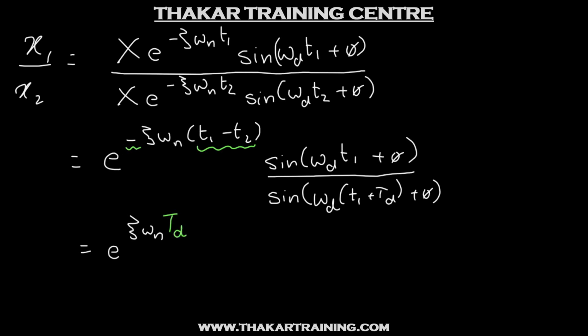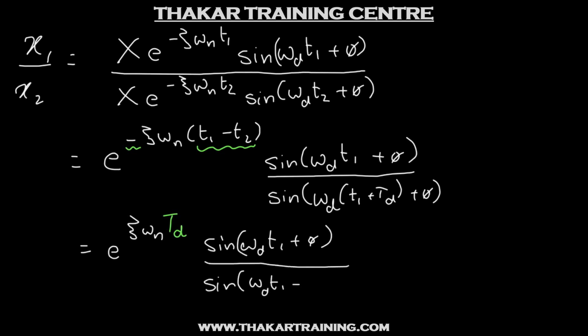And in the other part of the expression, this is sine of omega d t1 plus phi upon sine of omega d t1 plus omega d td plus phi.